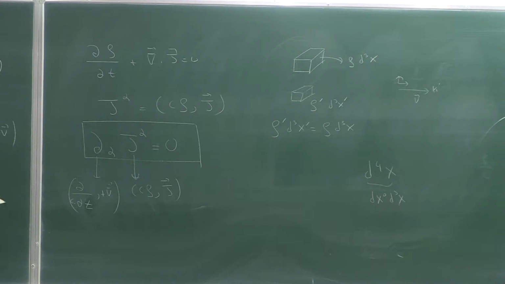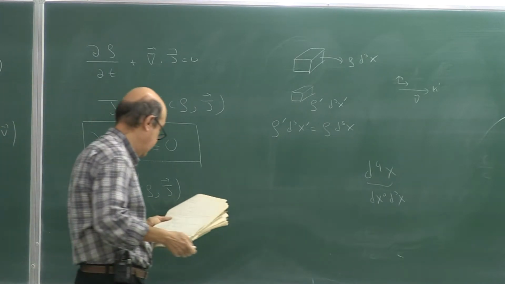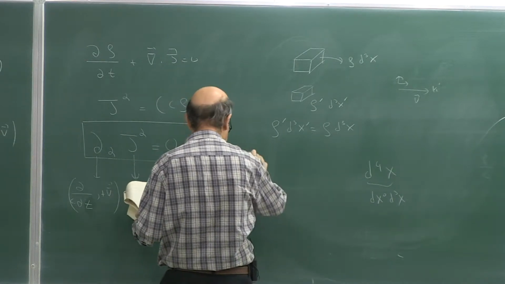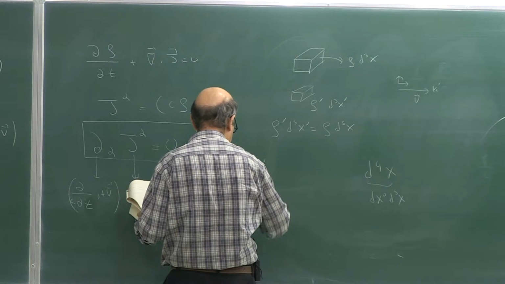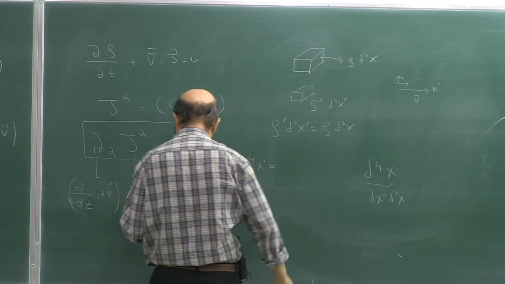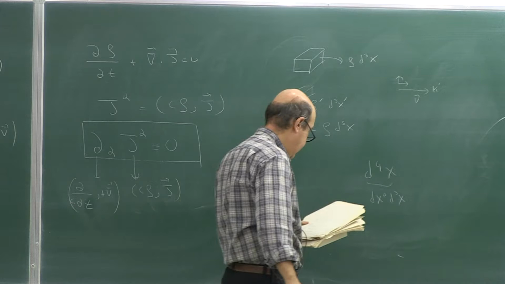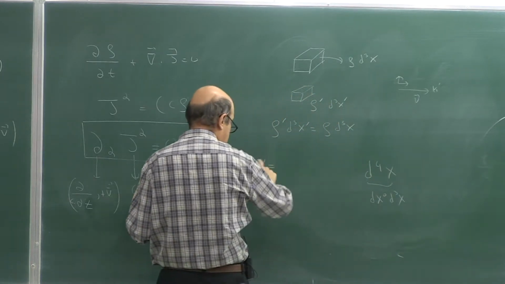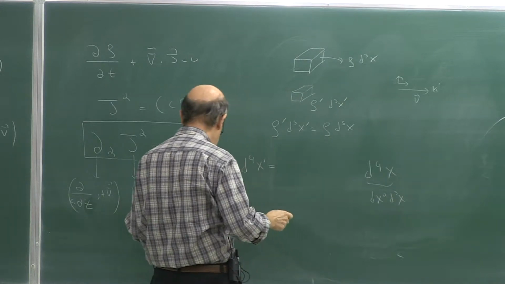And what about this? We know that this obeys the Lorentz transformation rules. So if you use the Lorentz transformation, that will be d to the 4 x prime in the new frame. And the relation between these two is the relation of the Jacobians.